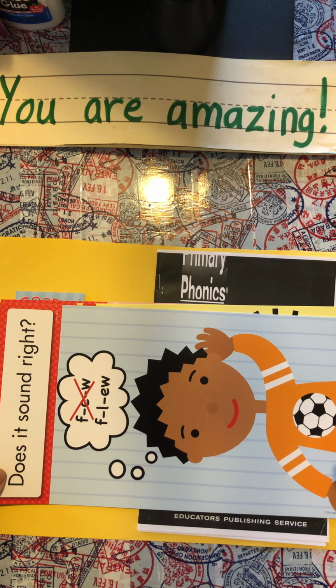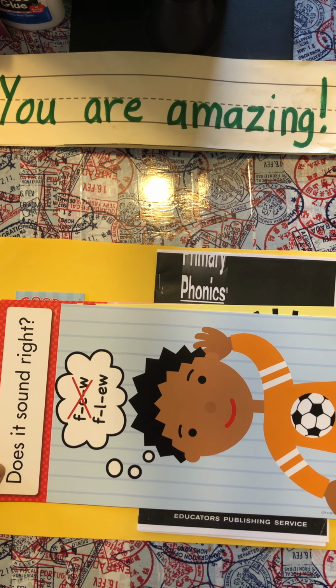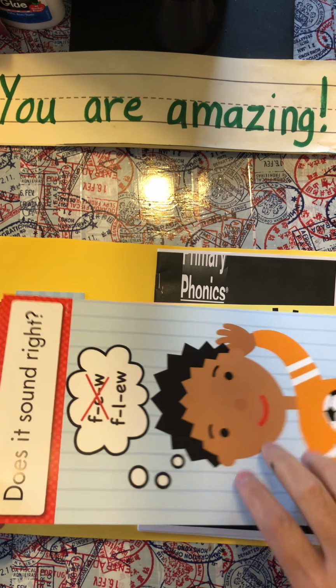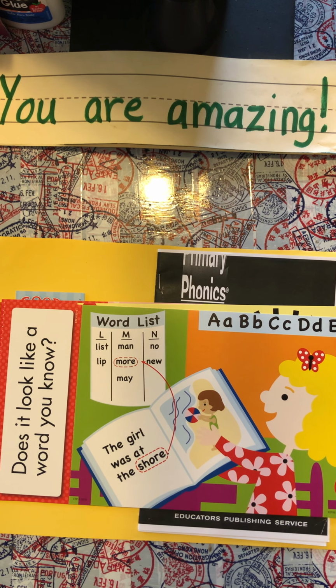Does it sound right? Well, when you're reading it, sometimes you might come to something that does not make sense. Does it look like a word that you know? Well, this is something that we've worked with quite a bit. Like if you can read he, then you can read me, we.